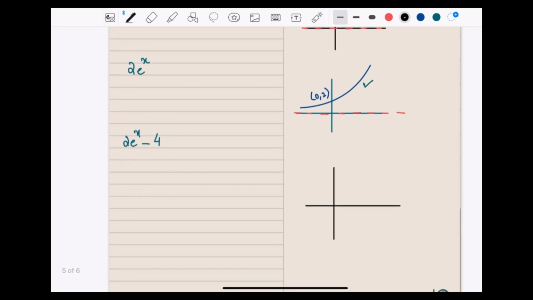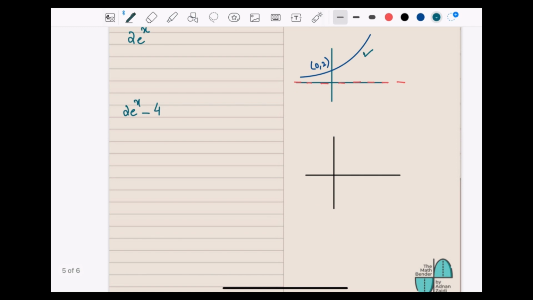Initially it was passing through (0, 2), and it goes 4 units down, which means it will pass through this point here, (0, -2). After moving 4 units down, the asymptote, which was initially at y equals 0, will reach y equals -4.